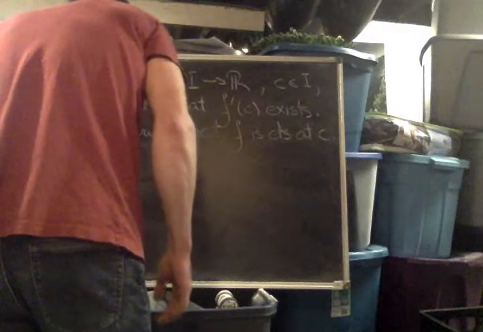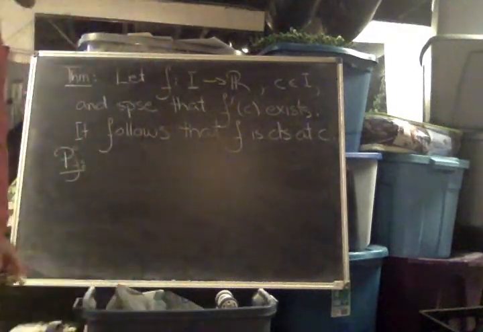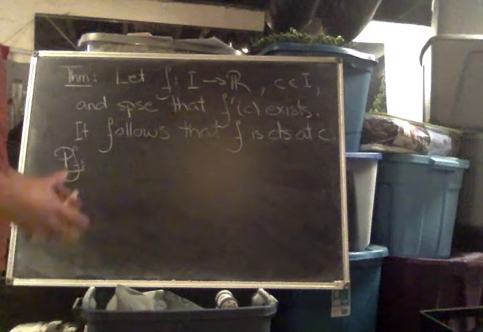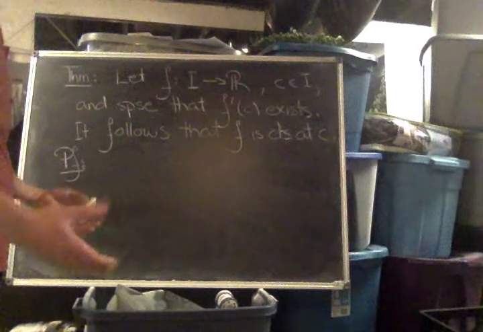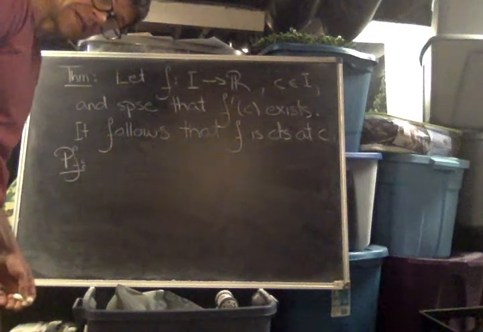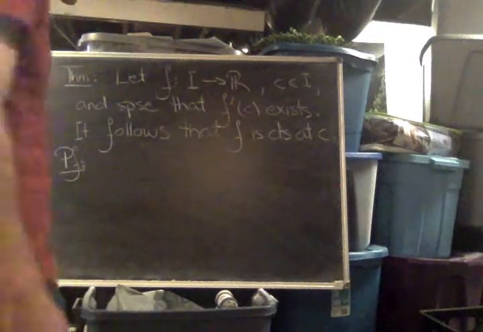The proof is really just an application of limit laws. It's an application of the rule that says that if you have two functions, each of which has a limit, as x approaches a certain value, c in this case, then the limit of the product is the product of the limits. That's all this depends on.